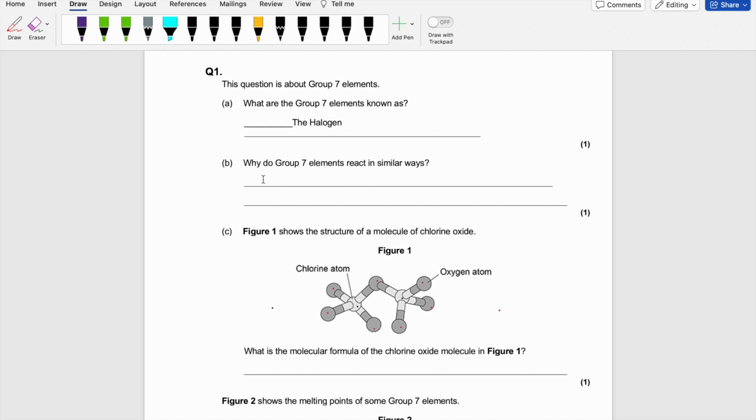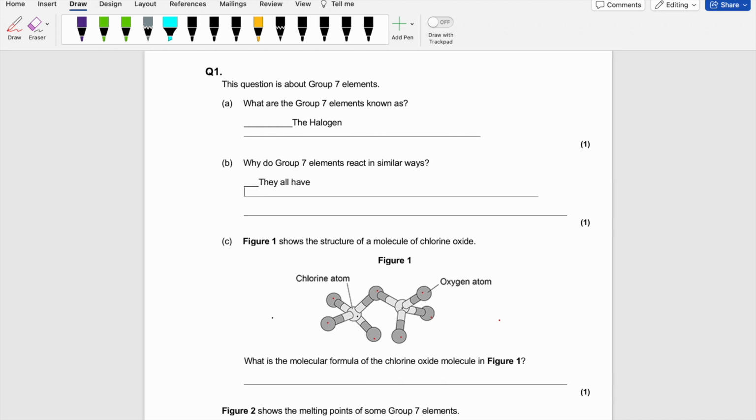Okay, so why do group 7 elements react in similar ways? Because they all have 7 electrons on their outer shell.